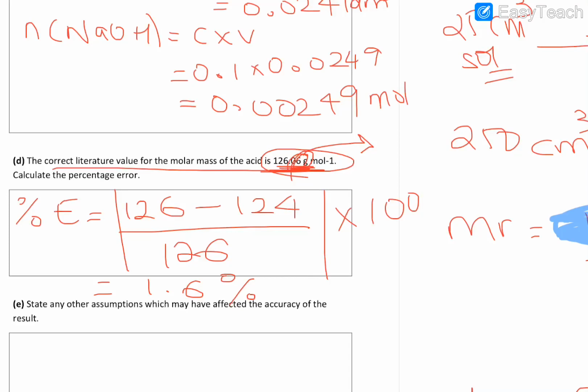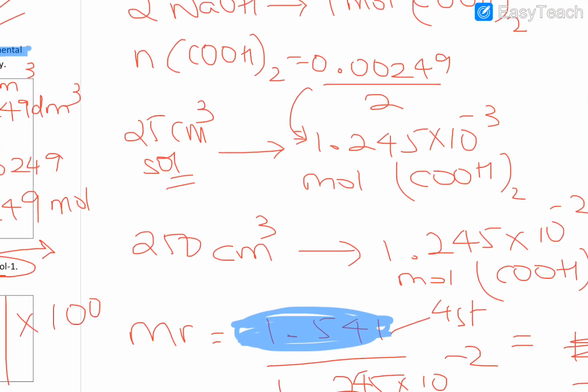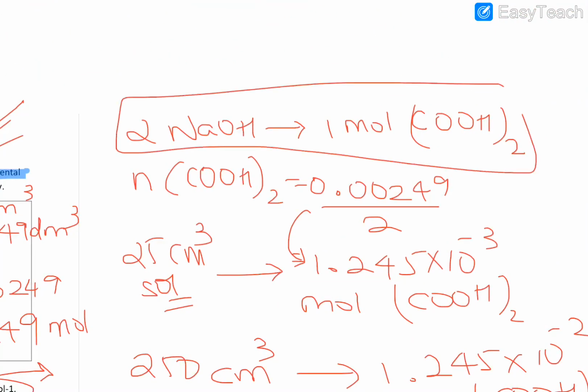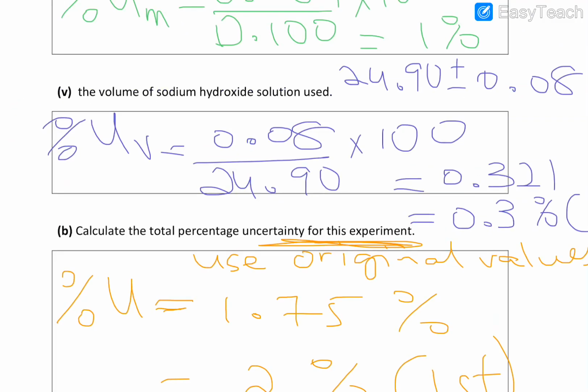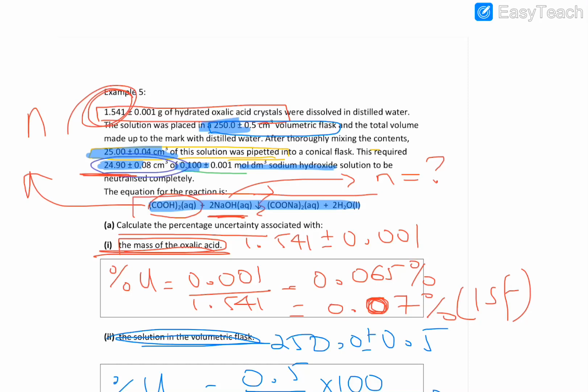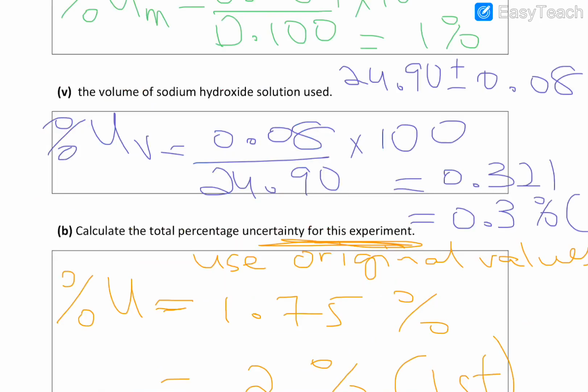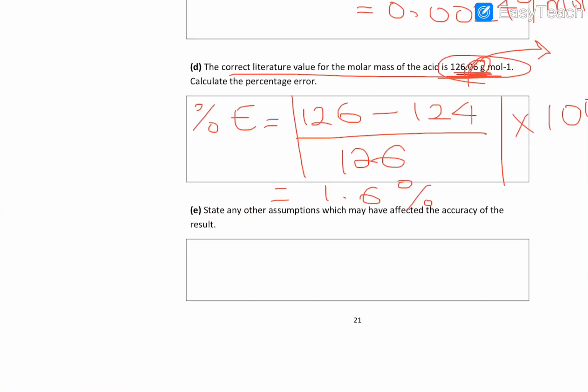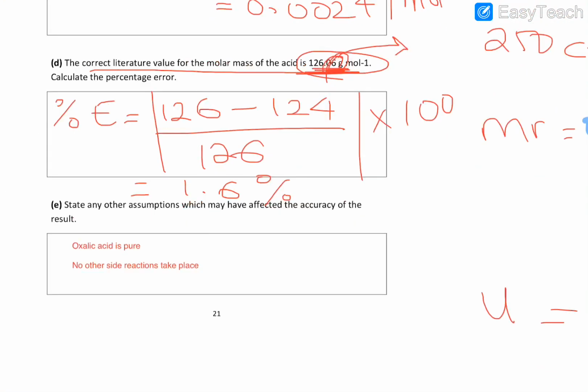And then I'm also assuming here that this reaction is taking place, which means that I'm assuming that there is no other side reaction other than this. So it's only this reaction that is taking place. So there's two assumptions that I'm making: that oxalic acid is pure and that no other side reactions take place.